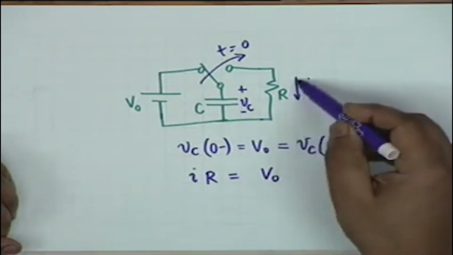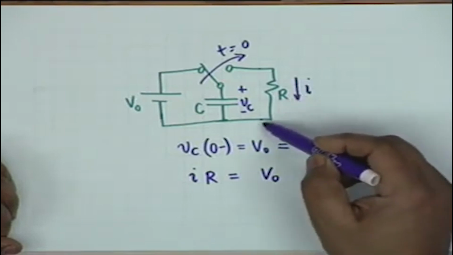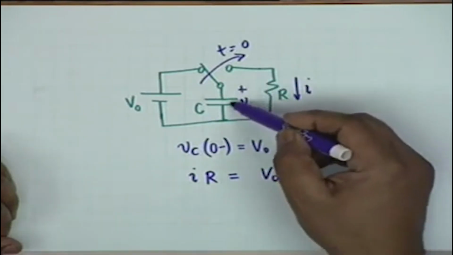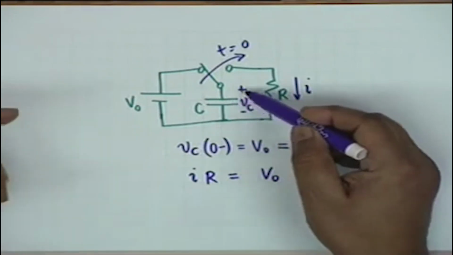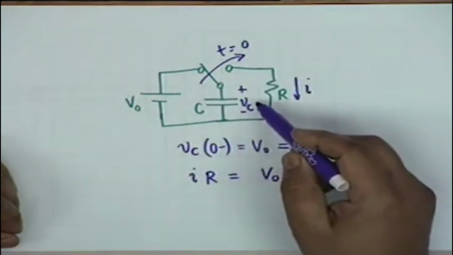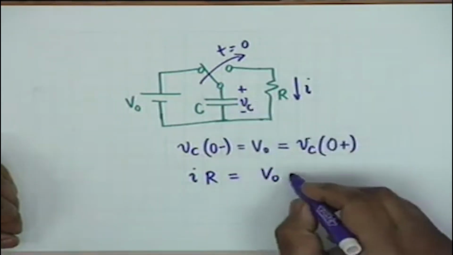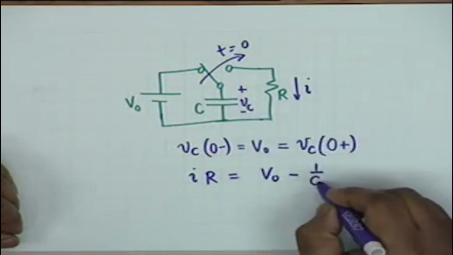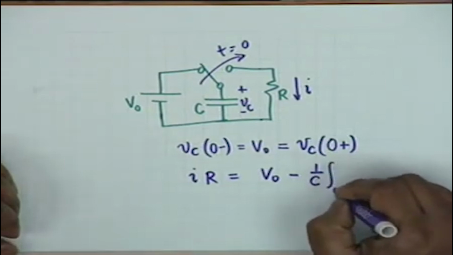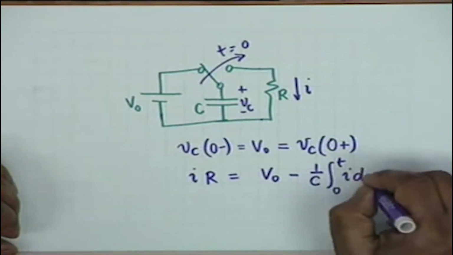it is important to understand this current I has to flow in a closed circuit, and therefore this current I charges the capacitor in the opposite direction, which is equivalent to saying that the capacitor is losing charge. What is this charge? It is equal to 1 by C times the integral from 0 to t of I dt.